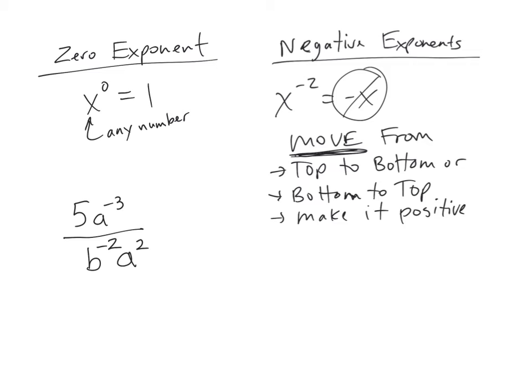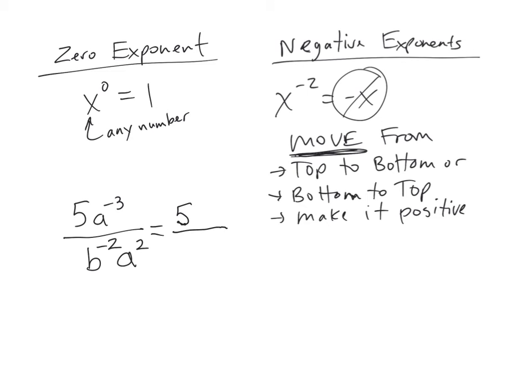The 5 is not raised to the negative 3 power because it doesn't have parentheses. If this 5a was in parentheses, then the negative 3 would apply to the 5, but because it's not, that 5 is going to stay where it is.